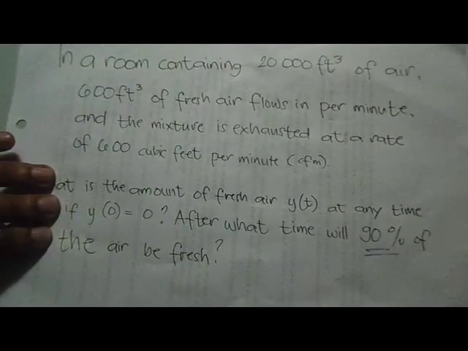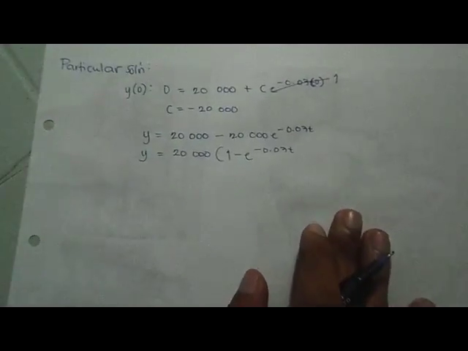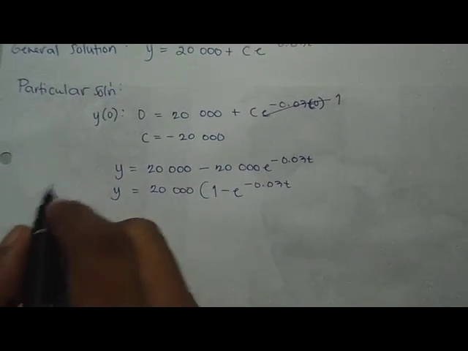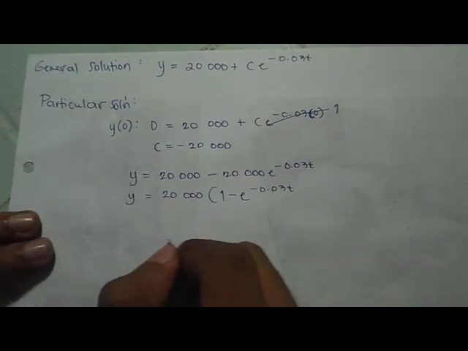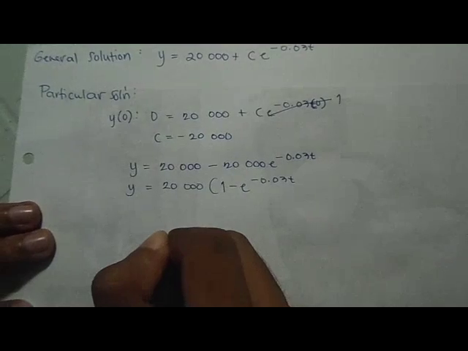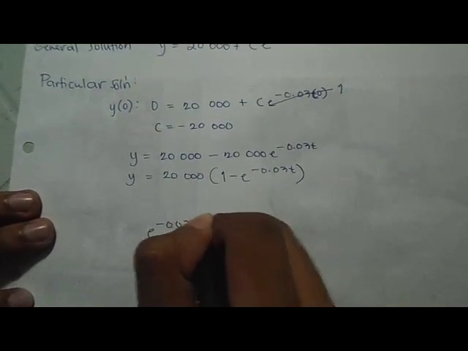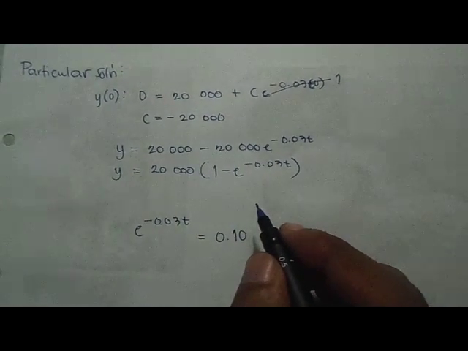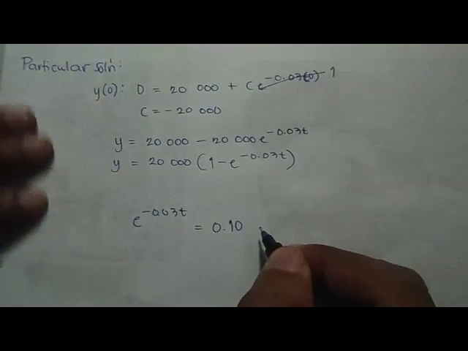So the question is, at what time will 90% be fresh? Therefore, our equation becomes, 90% of the air will be fresh if e raised to negative 0.03t will be equal to 0.10, since 90% will be fresh, therefore only 10% is not fresh.